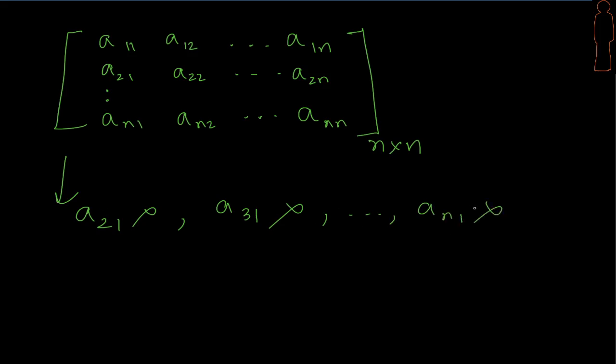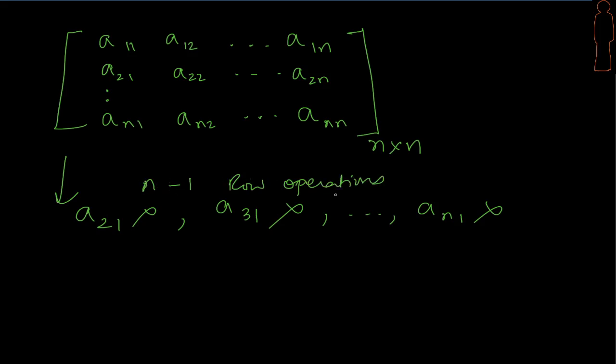So that's the first strategy. We must try and do that many operations that we are able to eliminate A21 till AN1, right? That may take that many row operations, and let's try and understand how many row operations would have occurred here. We would have probably used n minus 1 row operations.